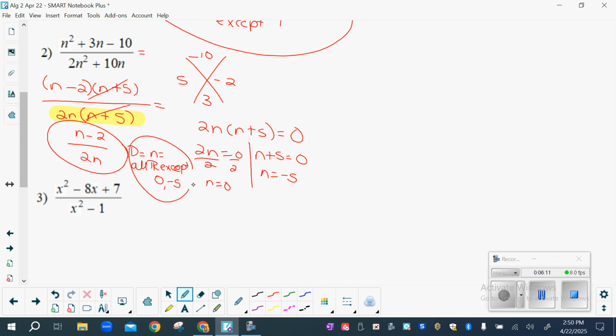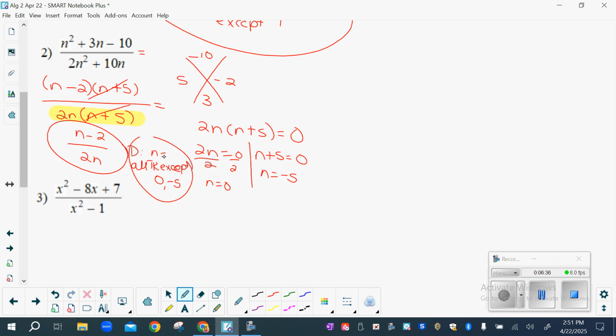So don't forget to give both. It's really easy to forget to give the domain. Domain is n equals. Let me write it instead of equals. I'll write domain n equals. Is that clearer? Yeah, that makes sense.